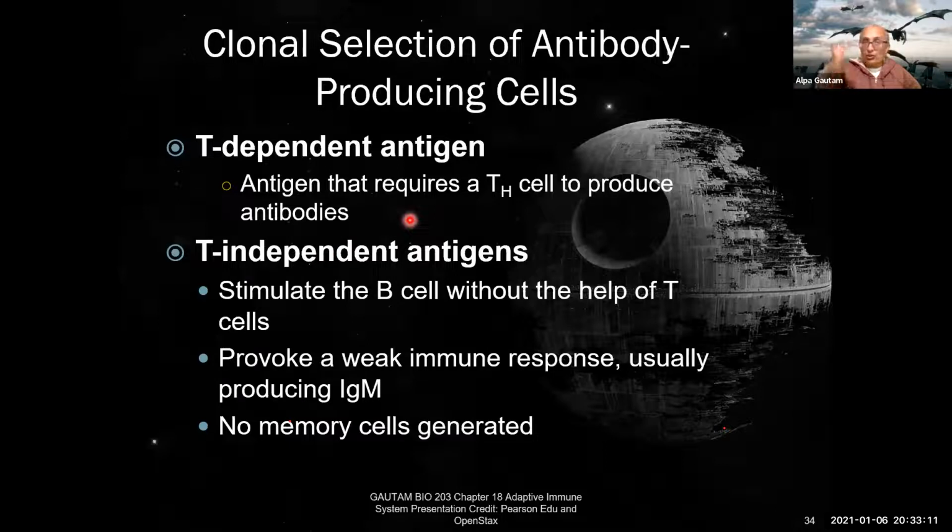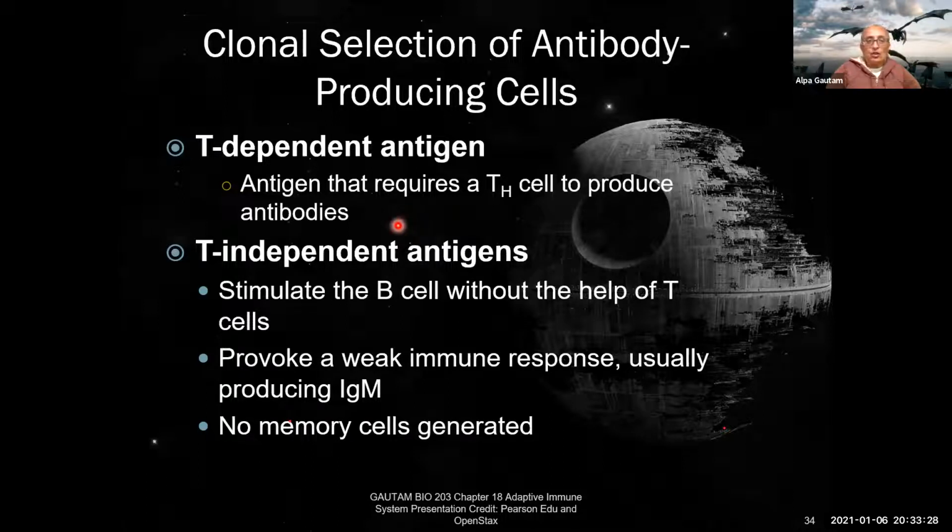So what we just looked at with the B cell, with the antibody binding the antigen, causing then T-helper cell binding and co-stimulation, and then more B cells, and then antibody production. So that is clearly T-dependent antigen.